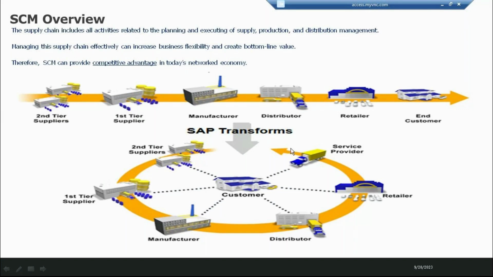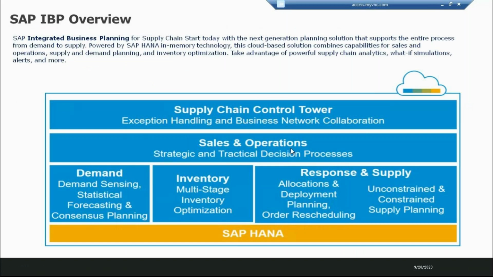To provide the supply chain management activities, there are different software products available in the market. One is from SAP, the product is IBP, Integrated Business Planning, which supports supply chain management. Similarly, there are some other tools also, like Oracle, which has the Oracle supply chain tool, and there are Kinaxis and o9.